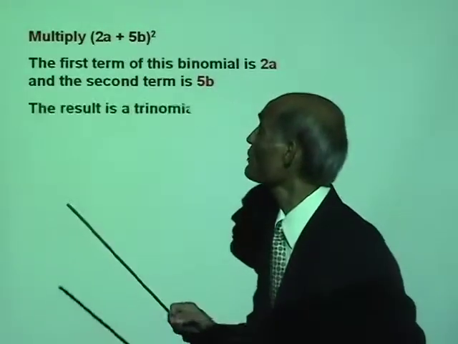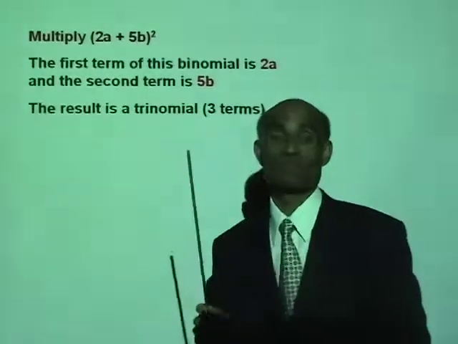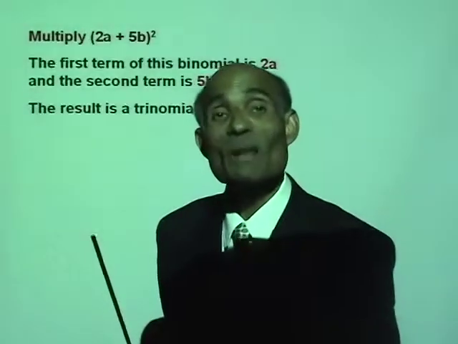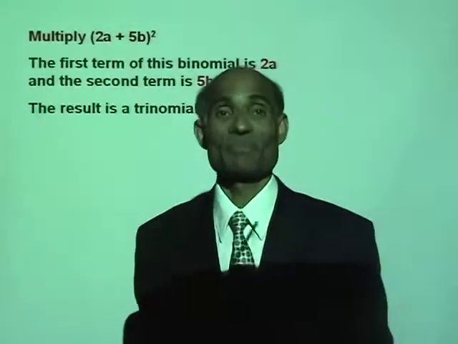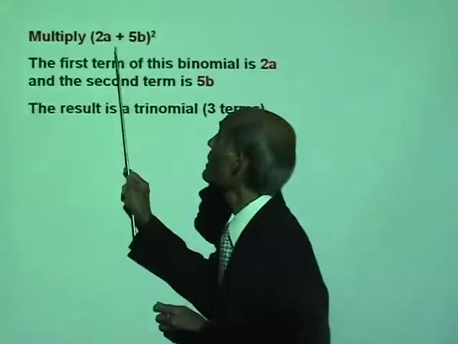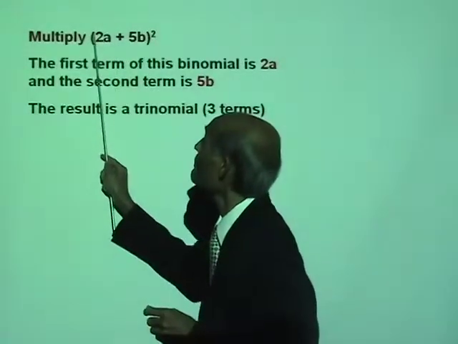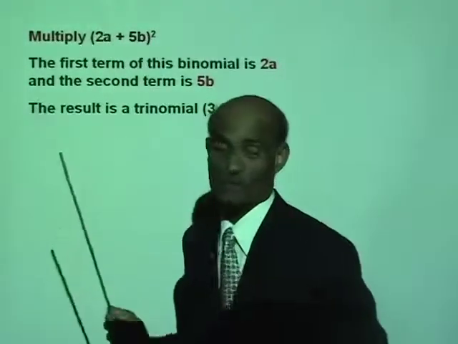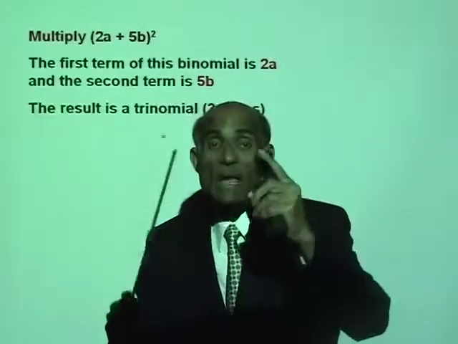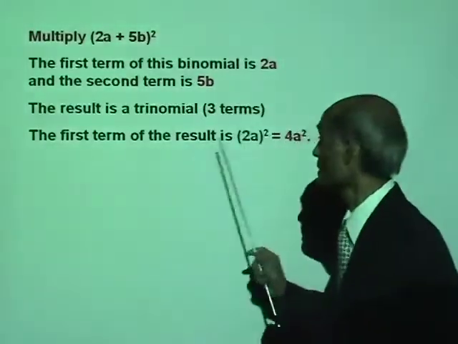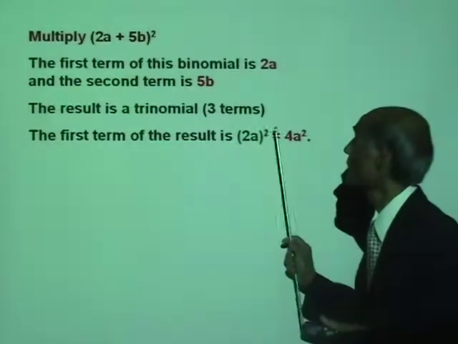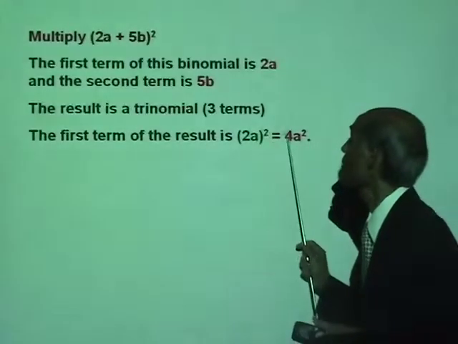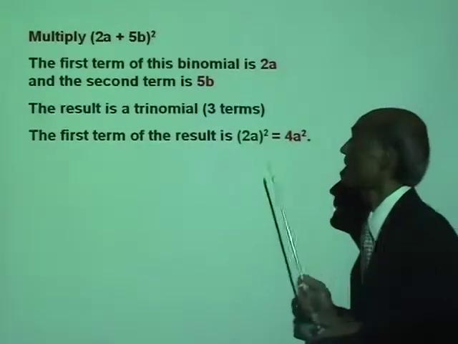In the expansion, there will be 3 terms. Okay? What will be the first term? The first term will be the square of this first term. It will be 2a all squared. That will be the first term. And that will be 2 squared is 4, 4a squared.